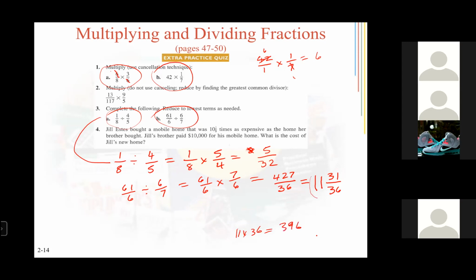But the number we had was 427. So we need to find out what's the remainder out of that 427. So 427 minus 396 is? 31. So that's your remainder. So it would be 11 and 31 over 36 as a fraction.